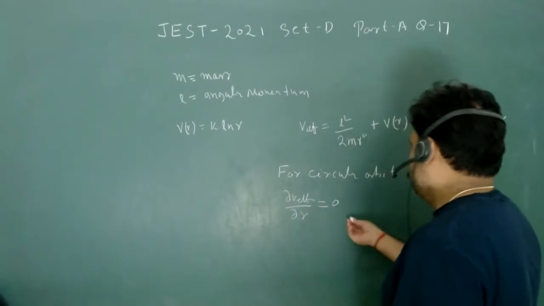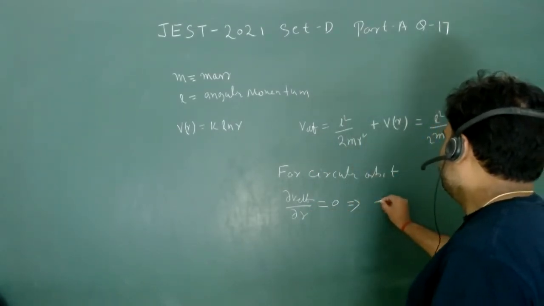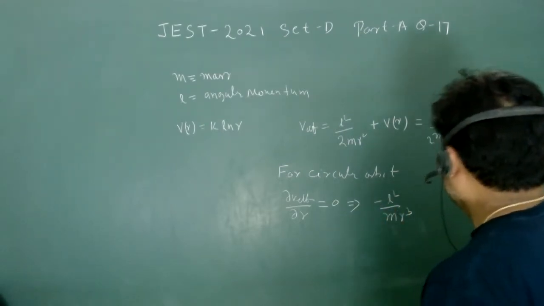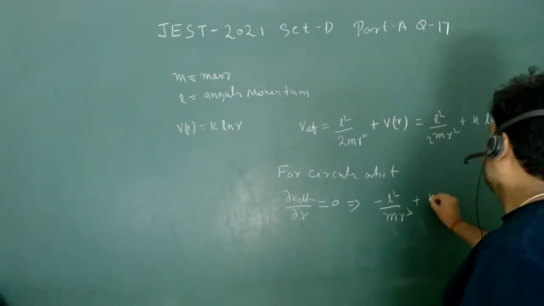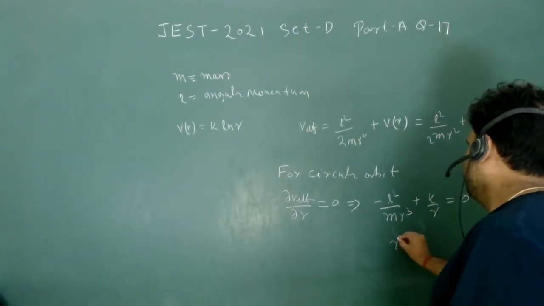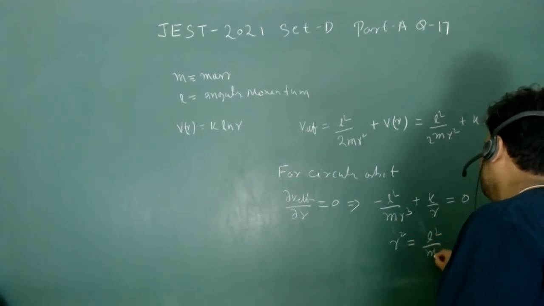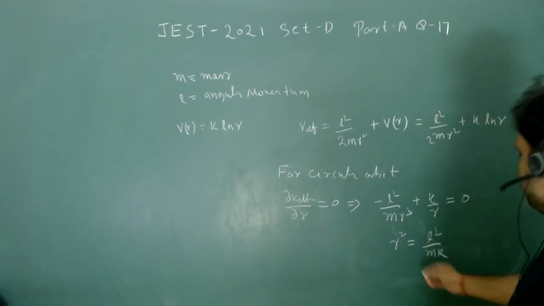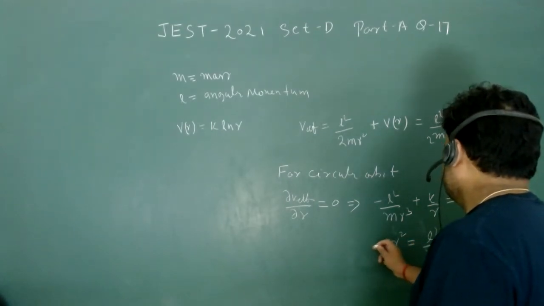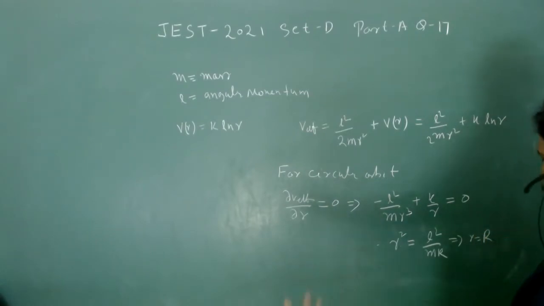That value can be easily calculated as minus L square upon mr cube plus K upon r must be equal to 0. From there, we have r square equal to L square upon mk. This is at r equal to r naught, where r naught is basically the radius of the circle.